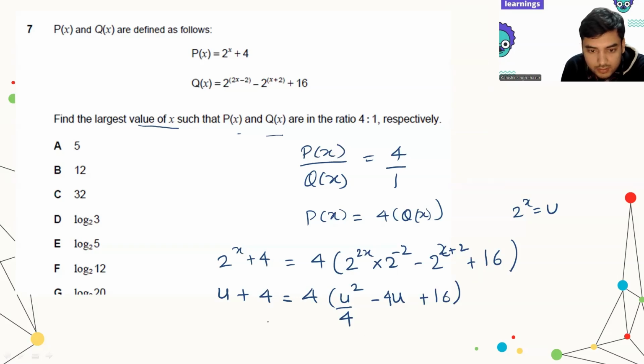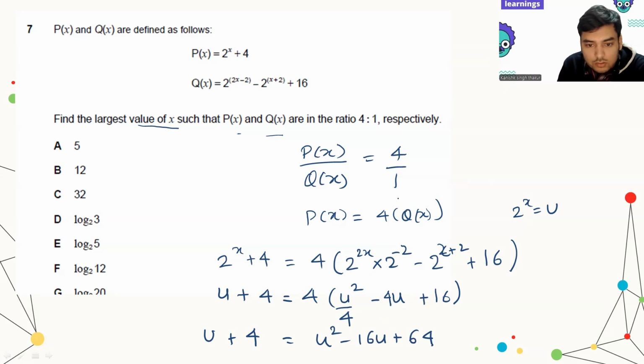So at the end you get u plus 4 equal to u square minus 16u plus 64. We have to get the largest possible value of x. So you shift it, and you get u square minus 17u plus 60.